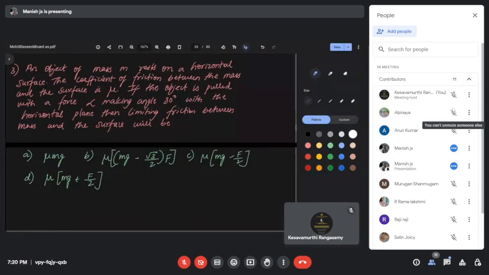If the object is pulled with a force alpha making an angle 30 degree with the horizontal plane, then limiting friction between mass and the surface will be. Yes. Force alpha ன்னு கொடுத்திருக்காங்க. நம்ம அதை f ன்னு வச்சுக்கலாம். ஏன்னா options are not in terms of alpha. I'm just correcting it. Okay, we'll keep it as capital F ன்னு வச்சுக்கலாம்.